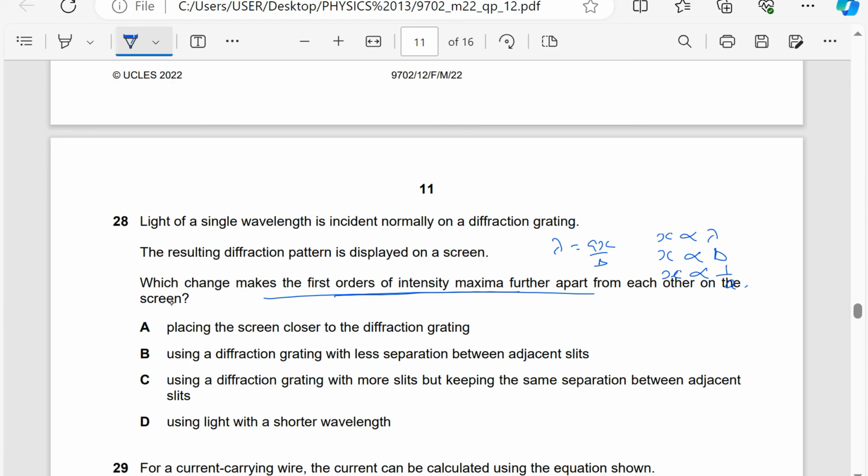So we want the change which makes the first orders of intensity maxima further apart. That means X will also have increased. If this is a diffraction grating and this is the screen, if this is the first order, n equals 1, we want them to be further apart.